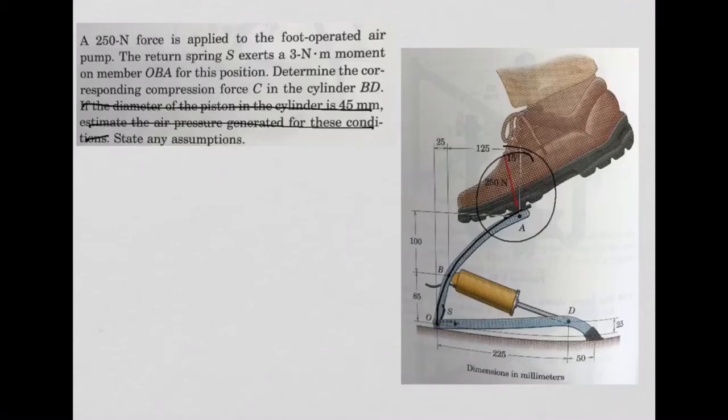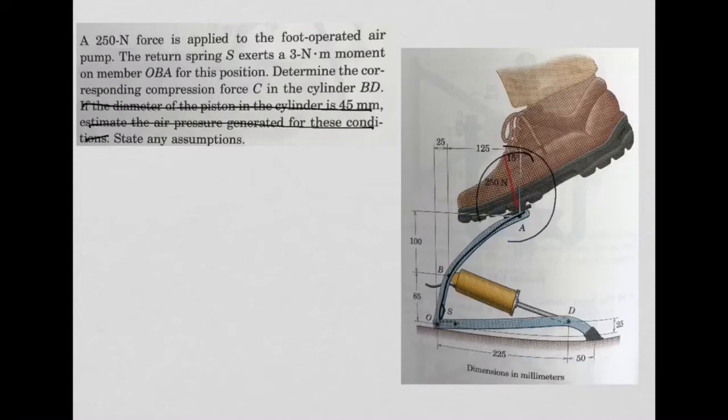And why did I decide to choose this example for today? Not because it was an example from the exam, but because this example will show you the importance of the free body diagram again. Right? You have here many different structural members. You have this member OBA, okay?